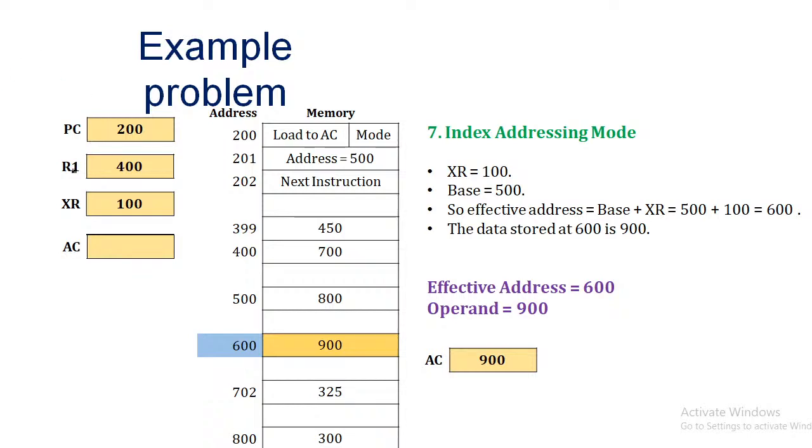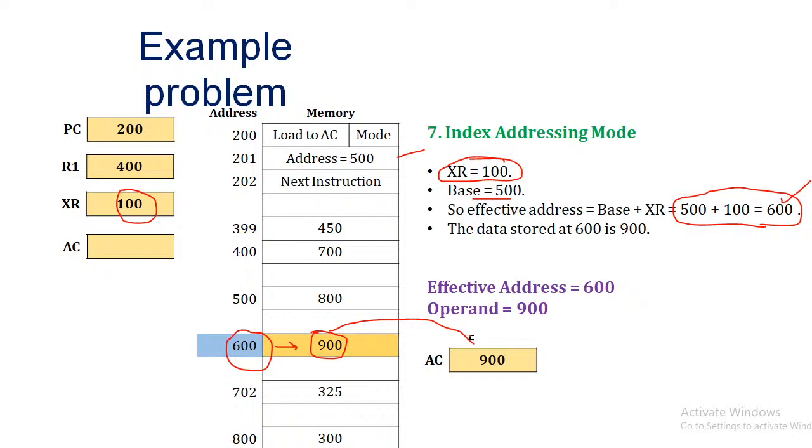The base part contains 500. Add these two and you get 600 as the effective address. The 600 location contains the operand 900, and this 900 is going to come to the accumulator.